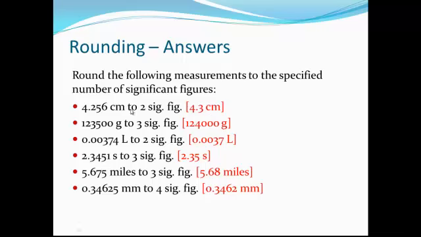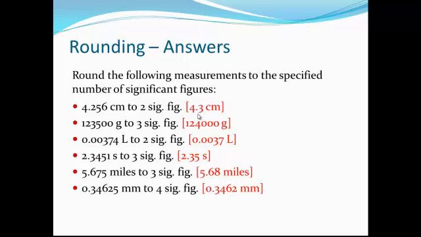For instance, if you want to round 4.256 centimeters to 2 significant figures, the first significant figure is 4, the second significant figure is 2. So you want to round to the tenths. 5-6 is regarded as greater than 5, so you round 1 up, it's 4.3. You can go through these one by one and check with your answers.